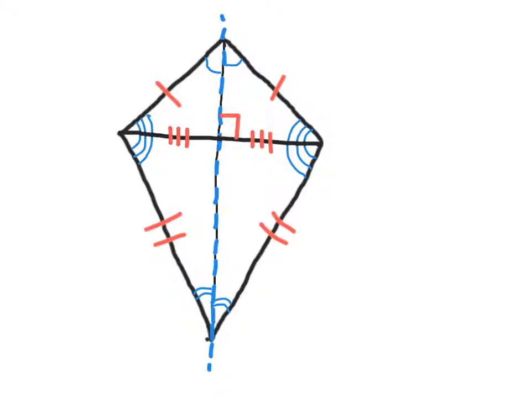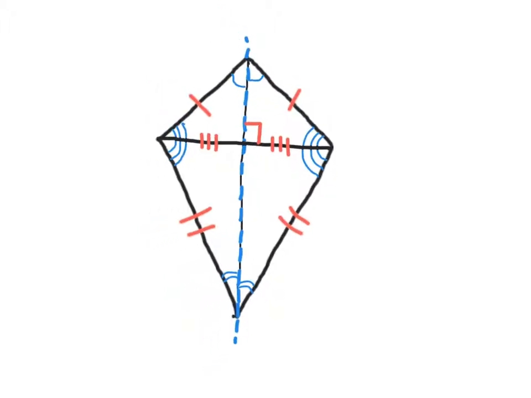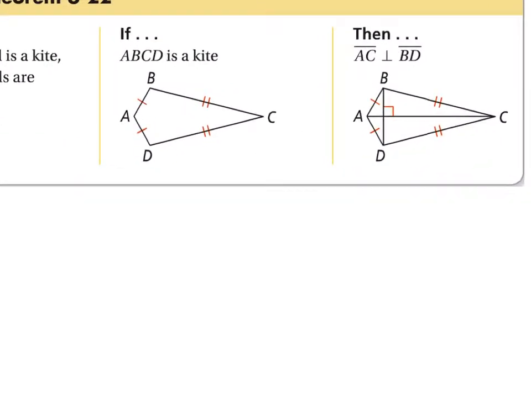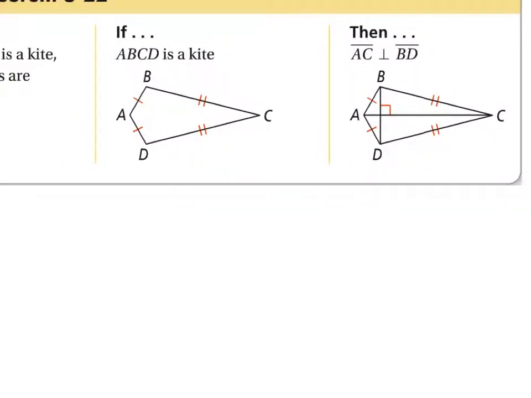Okay, so let's go ahead and write these down. Coming back up here, you can find some place to put them. I'll just list them right below our previous theorem here. So we obviously know, because it's given in the book, that the diagonals are perpendicular to each other. But we then have three more properties that we'd like to list, because they're handy to know. One of them is that the vertex diagonal is an angle bisector.